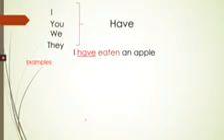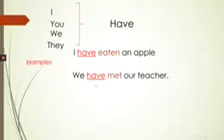I have eaten an apple. Here we have have after I, and then eaten is the PP or past participle, the third form of eat. Very good. Another example, we have met our teacher. When I say we, we have to use have, not has, okay? So we have met. Met is the past participle of meet.